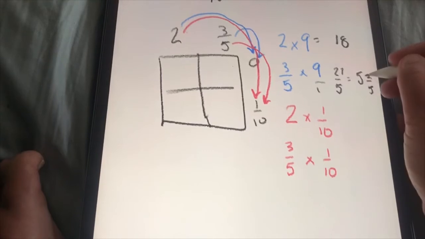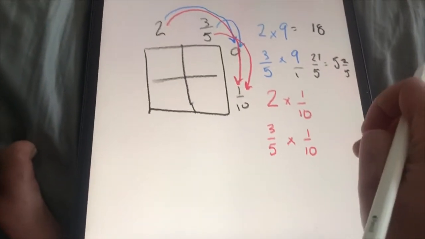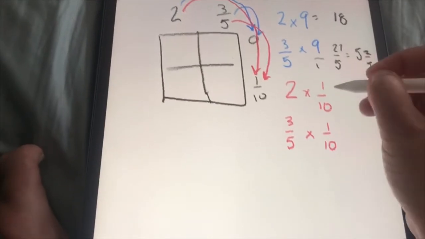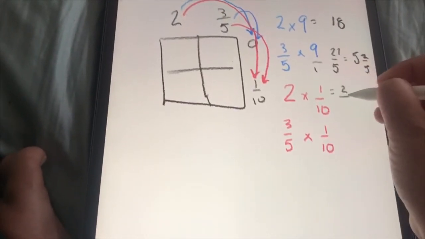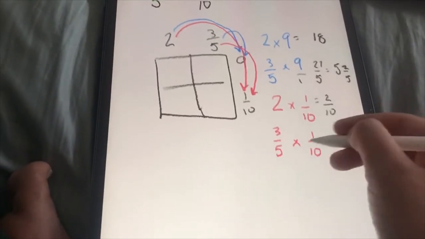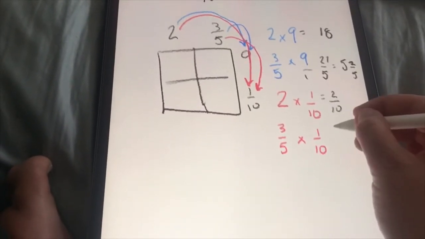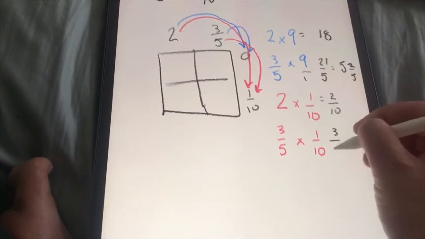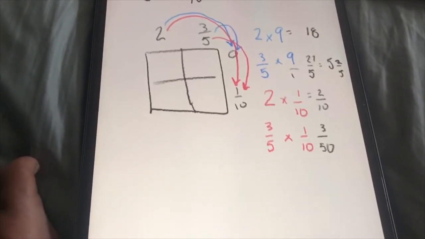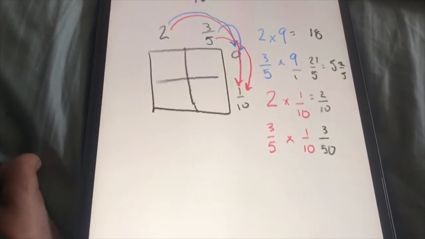Okay. Then I'm going to do this one, which is 2/10. Okay. Then I'm going to do this one, which is 3/50ths. Oh boy, this one's a doozy, okay?